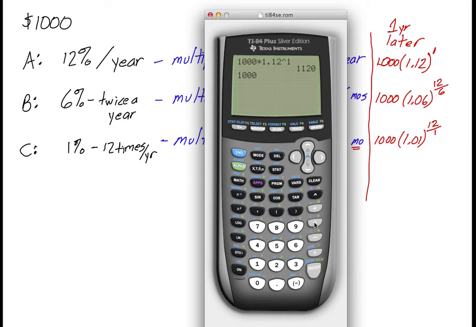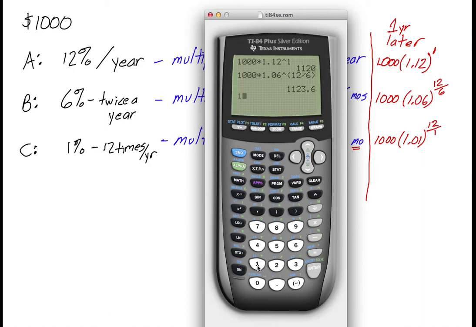1,000 for the second one is 1,000 times 1.06 to the second power, because it's 12 divided by 6, which is 2. And we see that that one is $1,123.60. That would be 0.60.